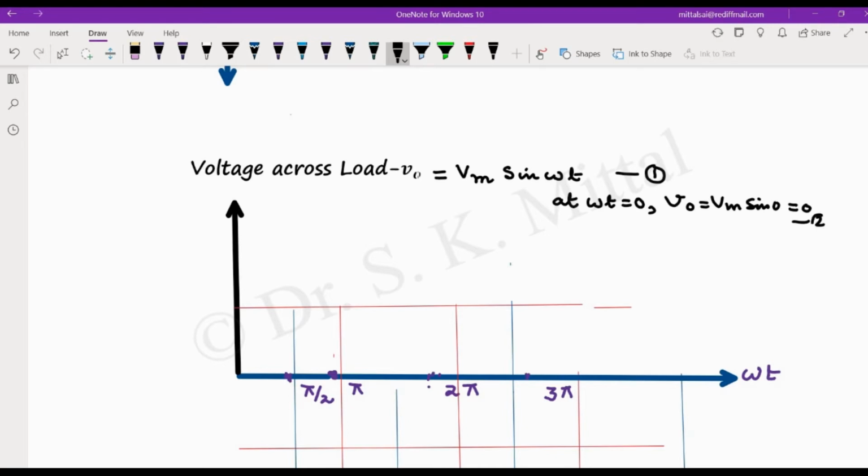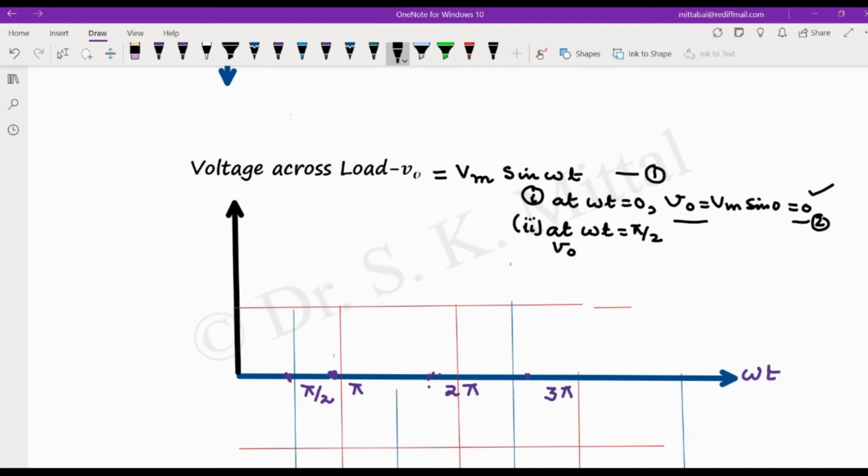Now it indicates that the voltage across the capacitor waveform will start from omega t is equal to 0 with output voltage magnitude 0. The next point we can consider is at omega t is equal to pi by 2. At omega t is equal to pi by 2, what will be the output voltage?